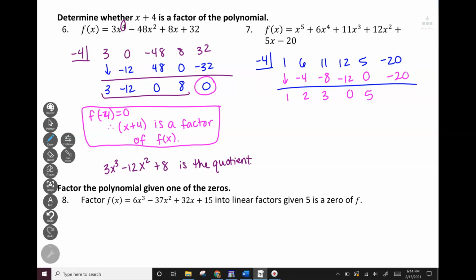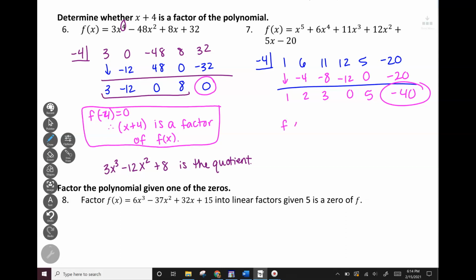Be careful here, because remember we are adding these two together, so that gives me -40. So my remainder is -40, not 0. And if it's not 0, then the factor is not a factor. So -4 is not a 0, and x plus 4 is not a factor.